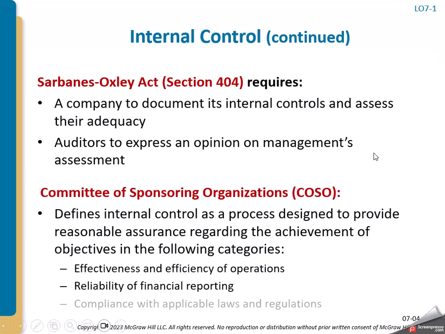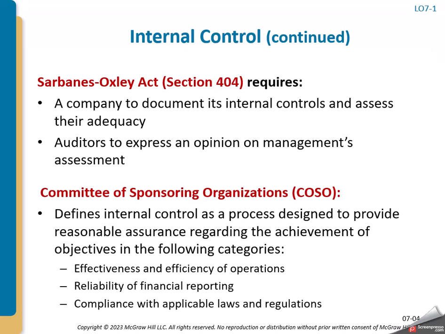Our Sarbanes-Oxley Act came into effect in the early 2000s after we had the fall of Enron, and then they took down Arthur Andersen, one of the big international auditing firms, with them. When those things happened, the government came along and created the Sarbanes-Oxley Act, where publicly traded companies have to have documented internal controls in place, and they have to be audited by their independent auditors.